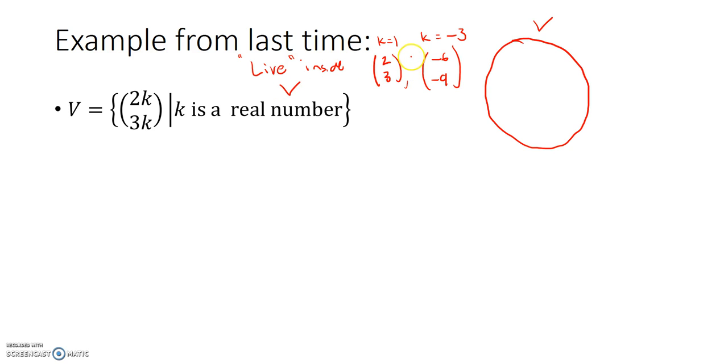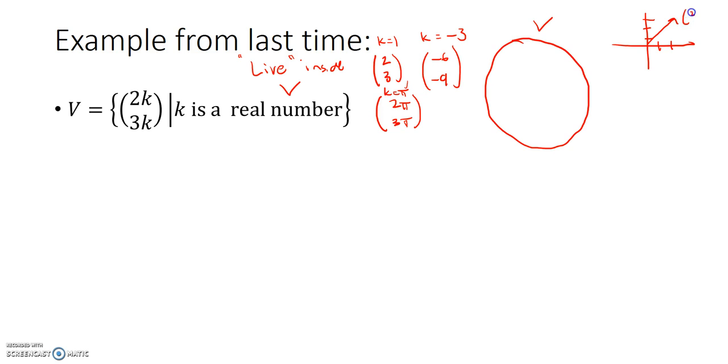Any vector that has this property, (2, 3), (-6, -9), we could have (2 pi, 3 pi). This would be the case where k equals pi. So any multiple of 2 and 3 in the horizontal and vertical component would work. Now, what does this mean in 2 dimensions? Well, in 2 dimensions, this is any vector, for example, (2, 3).